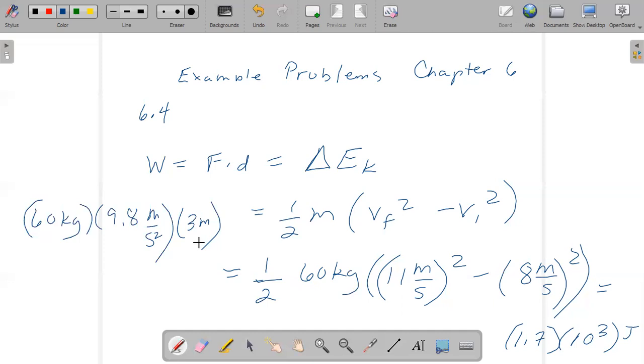I get the same answer. So there you go, I get 1764. I did the force times distance here. Yeah, you can do it either way. They don't do it in your book that way, but interesting.